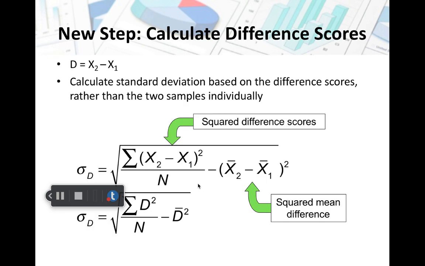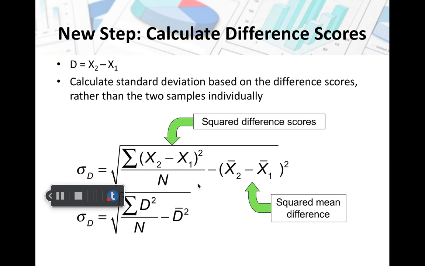So here we are going to be calculating difference scores. We use the letter D just because difference starts with D, which is the difference between the two x's, before and after, for the dependent samples.